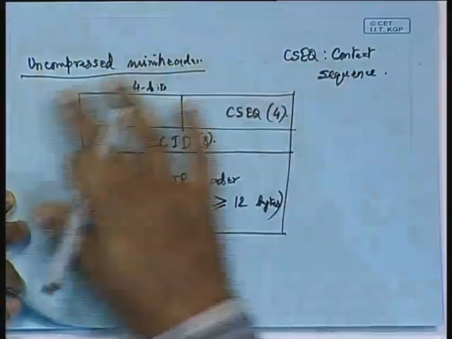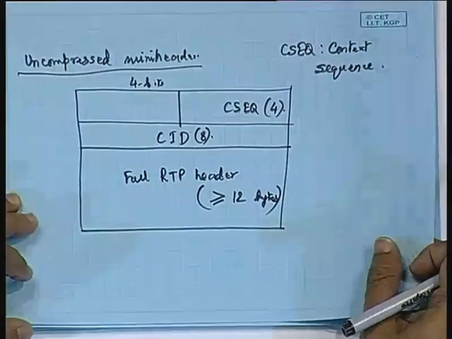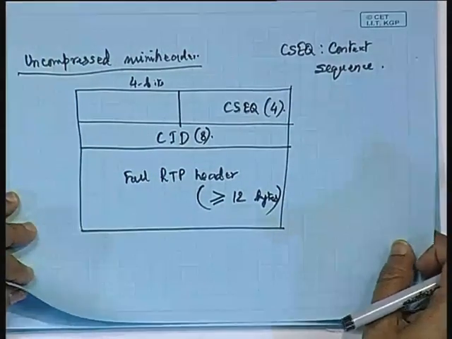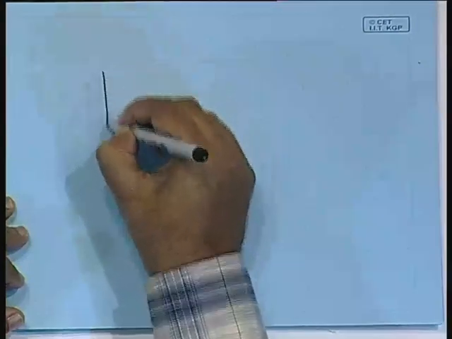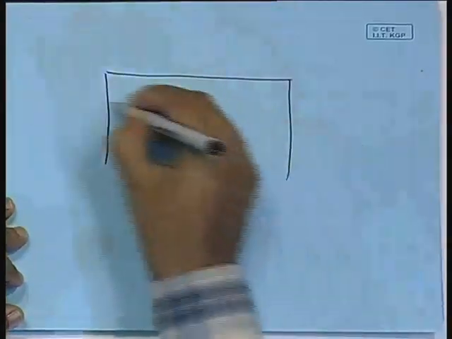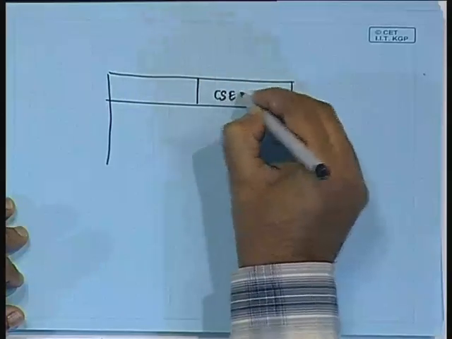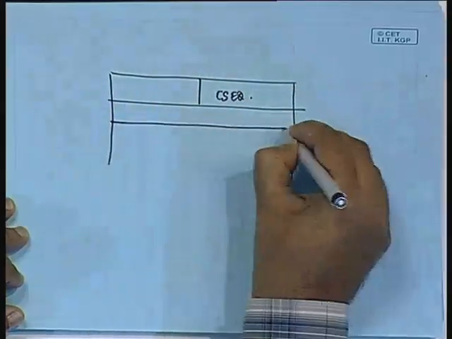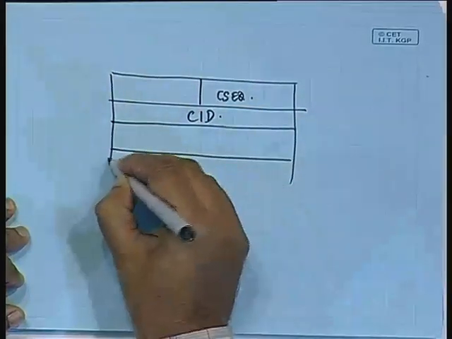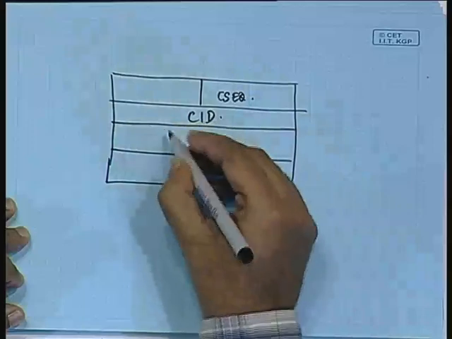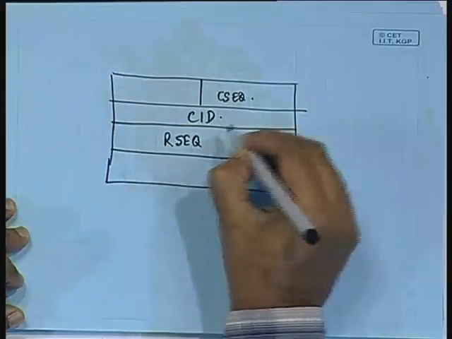So, this is the uncompressed form of the mini header, but we can also have a compressed form of mini header which goes like this: in the first byte, 4 bits will be reserved for C sequence, the next byte will be reserved for the CID, and 6 bytes of information will be there. One is what is called the R sequence.